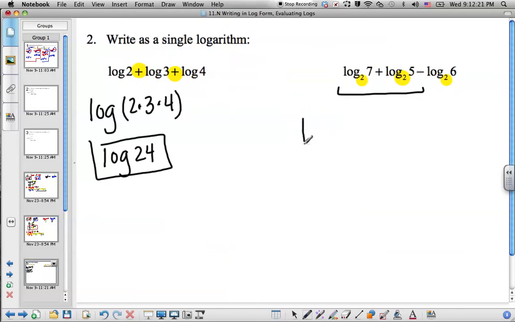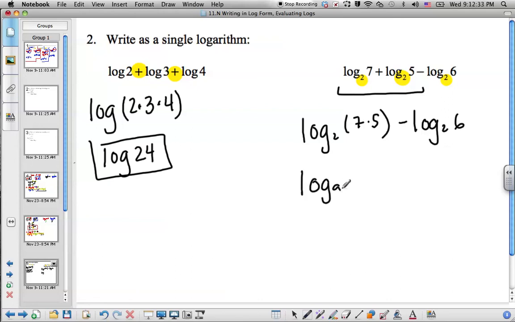So I could write this as log base 2 of 7 times 5 minus log base 2 of 6. So this is the same thing as log base 2 of 35 minus log base 2 of 6.